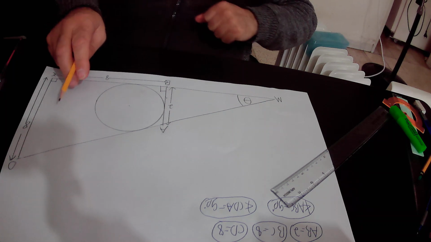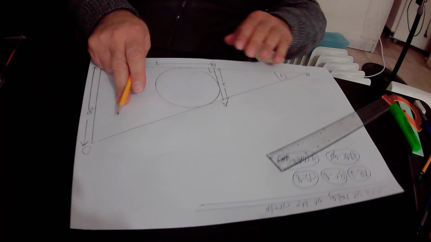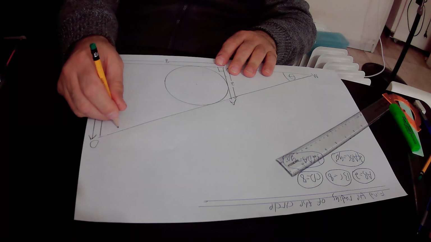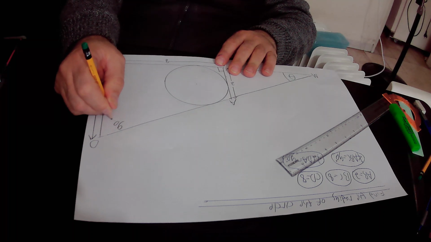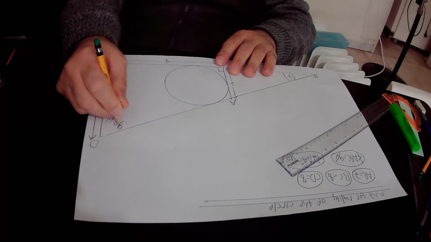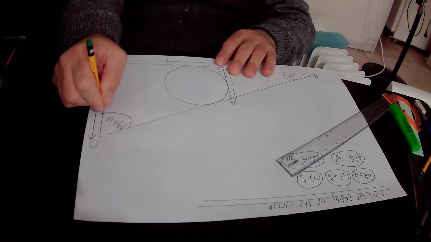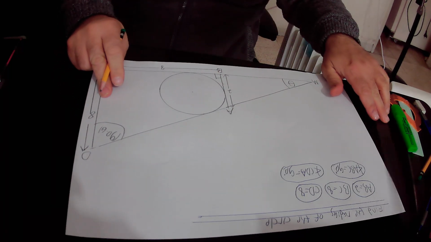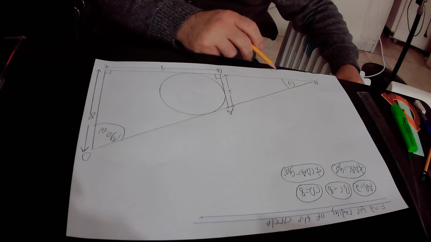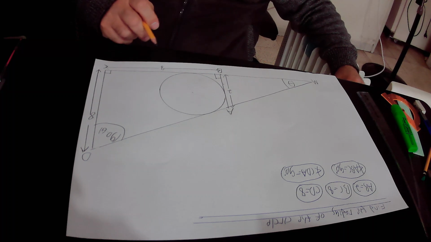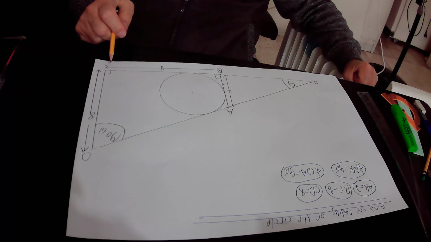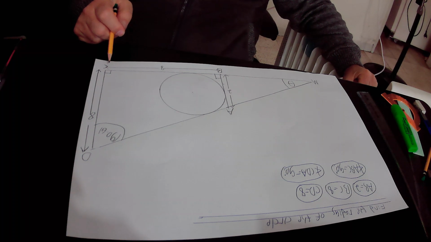Therefore, the missing angle here must be equal to 90 degrees minus theta. Why? Because 90 degrees minus theta plus theta is 90 degrees, and 90 degrees plus 90 degrees is equal to 180 degrees. That is the sum of the angles in any triangle.